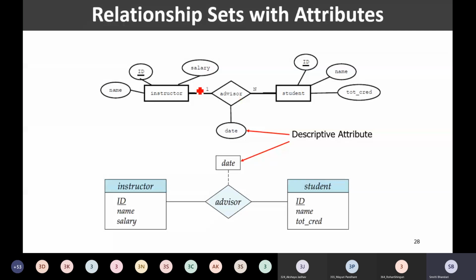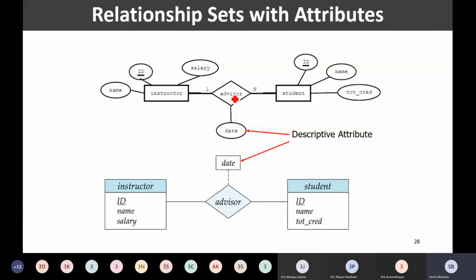So by default, this advisor is having two attributes. And what are those two attributes? Primary key of the instructor and primary key of the student. Right? But those default attributes we are not showing in the ER model. Please understand. While drawing the ER model or ER diagram, we are not depicting the default attributes for the relationship.